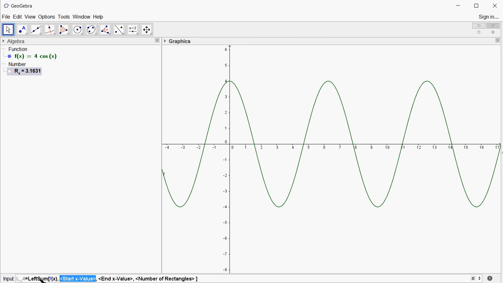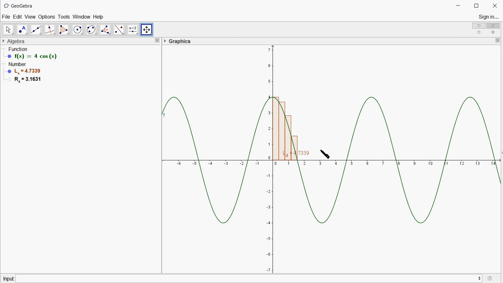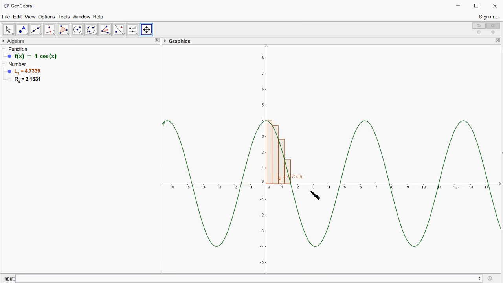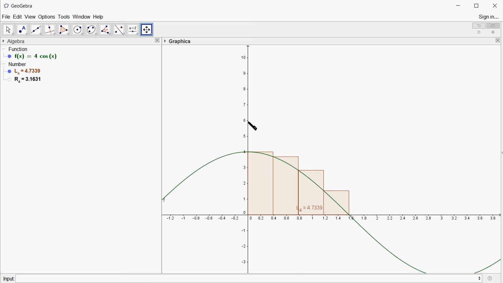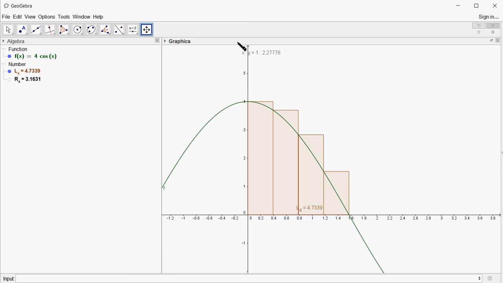The starting x value is 0, the ending x value is pi over 2, and the number of rectangles is 4 because we're looking for L4. You can already see the picture here. I'm going to stretch this out a bit so that you can see it better.